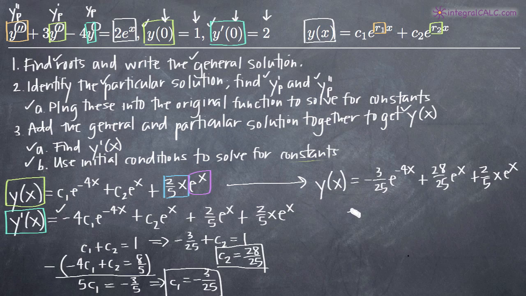The only thing I would consider doing here to simplify, whenever possible, we don't want to lead with a negative, so we'll switch this around to be 28 over 25 e to the x minus 3 over 25 e to the negative 4x plus 2/5 x e to the x.